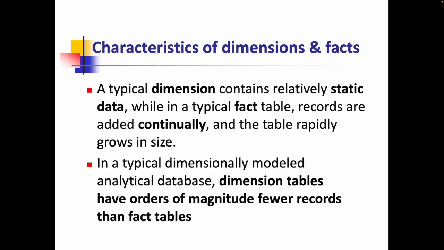Although you may have new customers and new products, the same products can be purchased by many customers, so the sales information in the fact table just keeps growing. In a typical dimensionally modeled analytical database, dimension tables have orders of magnitude fewer records than fact tables.